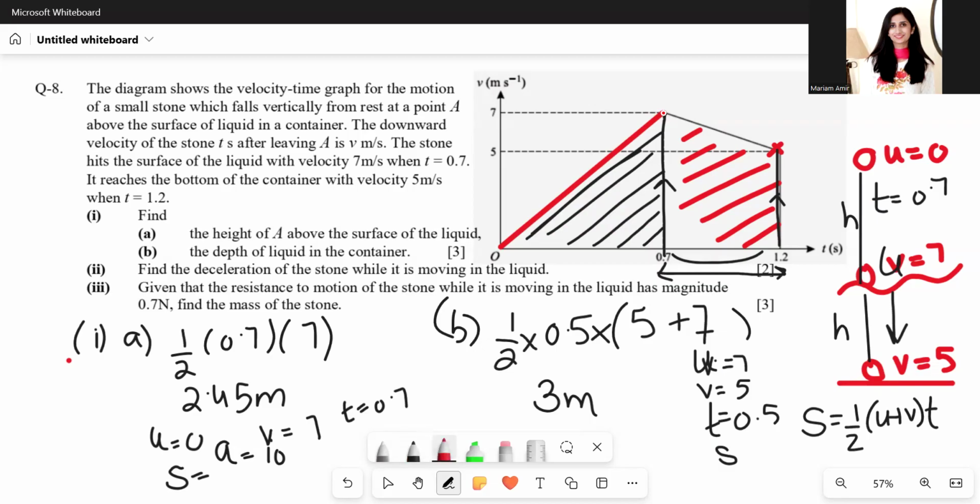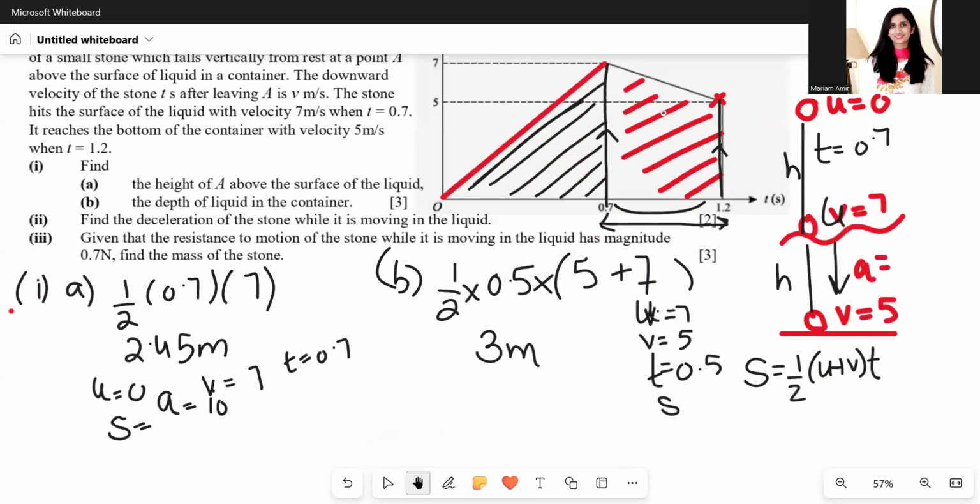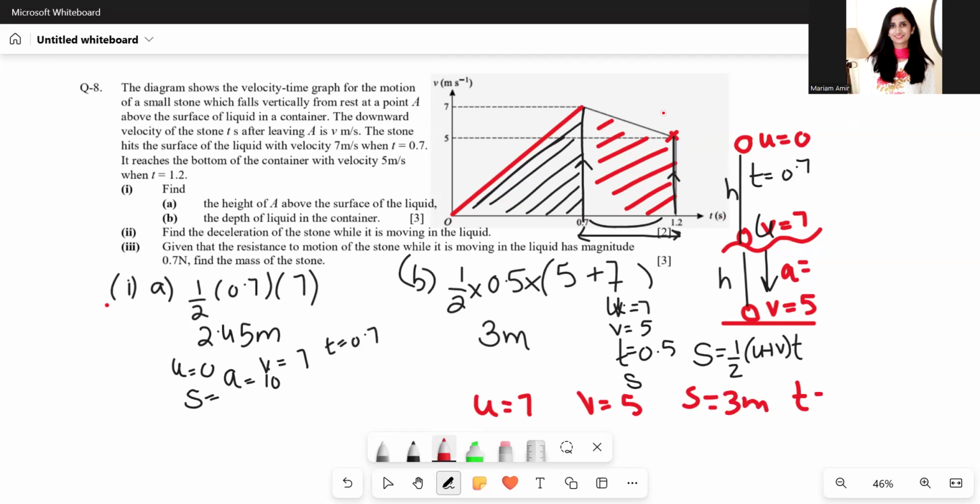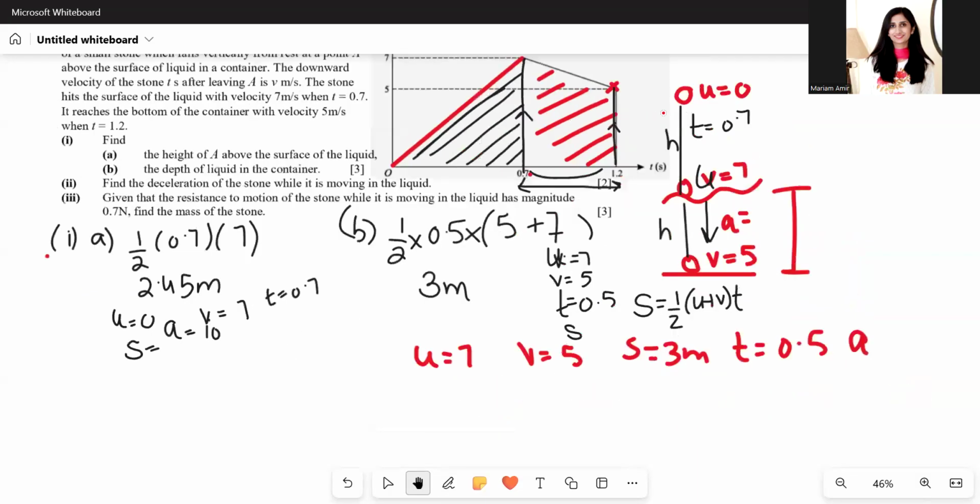Okay, so now you need the value of acceleration here. Again, you could use equations of motion because now you have S, U, V, and T as well. So you have so many values that you could use in any one of the equations of motion. We have U, 7, we have V, 5, we found S from the previous part, 3 meters, and we also know the time, 0.5, between this part of the journey, and we need to find the value of A. So we could use V equals U plus AT.